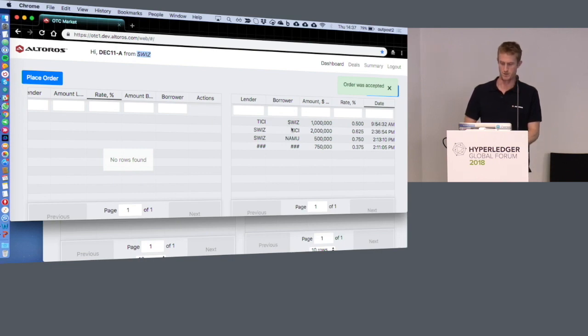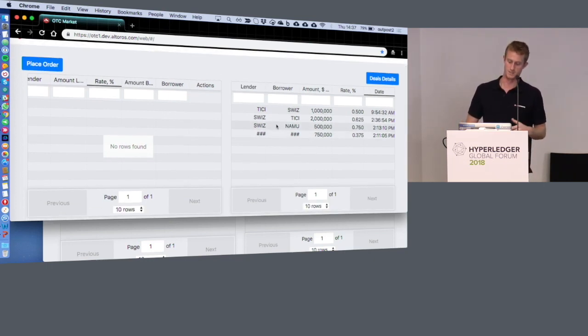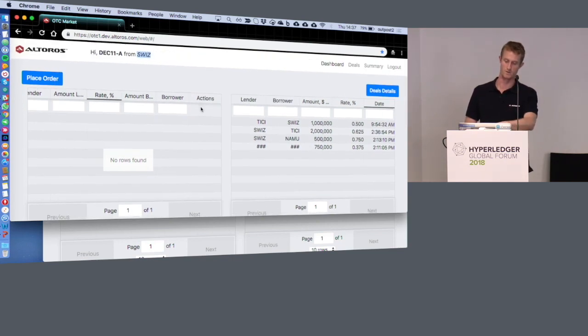And what you can see here again is the record of all the transactions that have cleared, that relevant information, your amounts and rates, but redacted when the party is not directly involved. So we see here the Swiss view of the system includes all of their directly involved trades, but a trade between the two other parties on the network is redacted as to who they are.